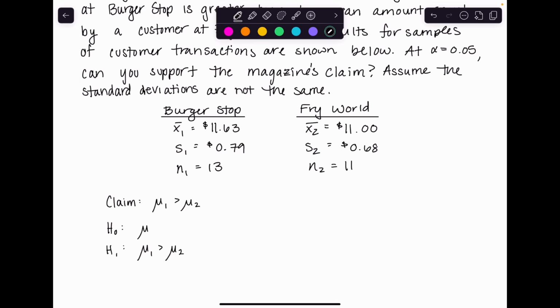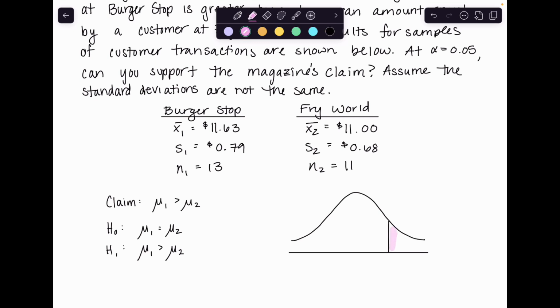And the null then is that these two are equal, or really less than or equal. So based on our alternate, this is going to be a one-tailed test, and specifically a right tail. Our significance level is 5%, and it is a right tail.